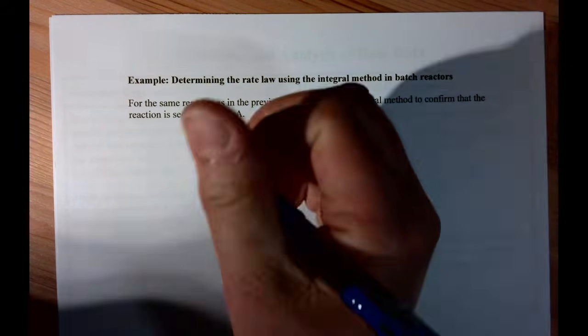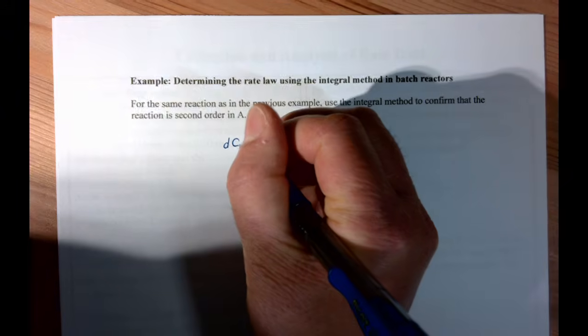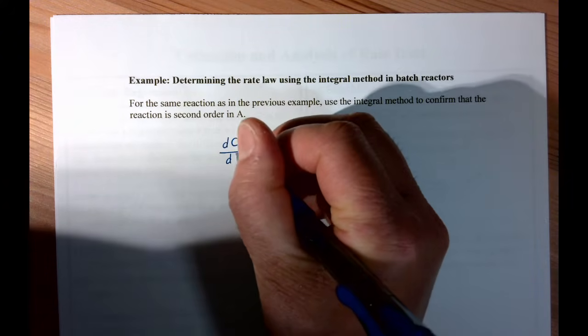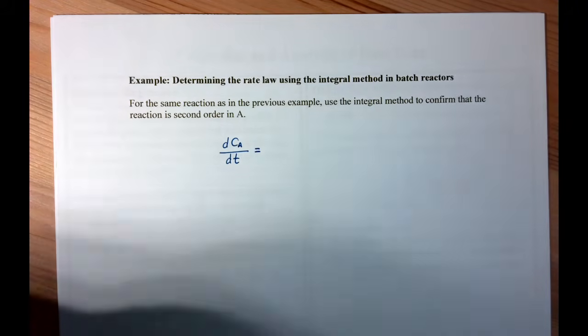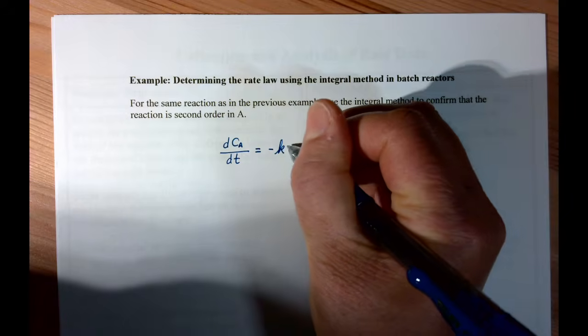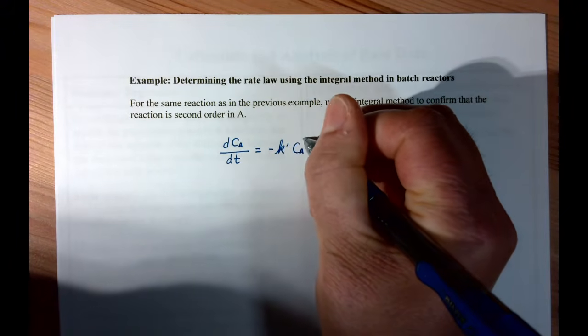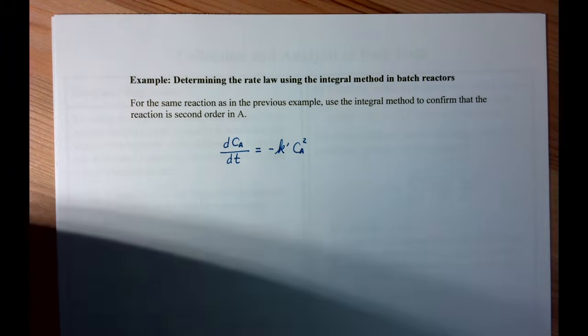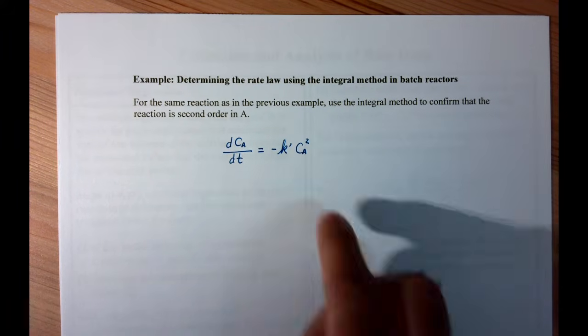The integral method, remember, was you start with your design equation and you take a guess at what the rate law is. In this case, we're told it's second order, so K prime times CA to the power of 2. And now we're going to separate variables and integrate this expression.